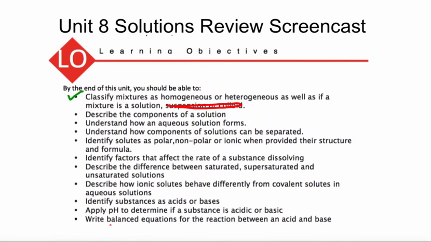So the components of a solution are solute and solvent. How an aqueous solution forms, we've gone over that. That's where water surrounds those particles, and for an ionic compound, it breaks apart into individual ions. And for a covalent or polar covalent compound, it just breaks that solid into discrete molecules.